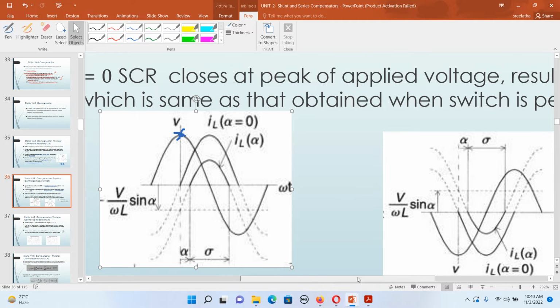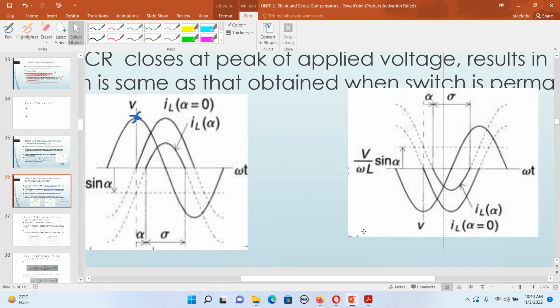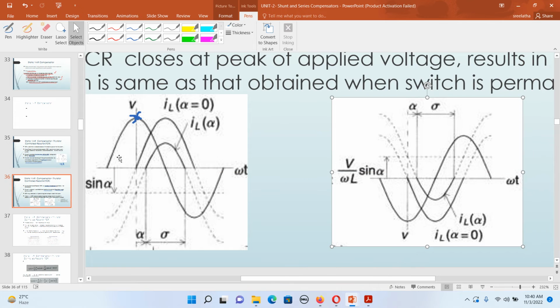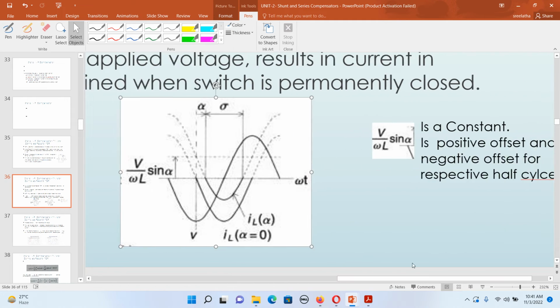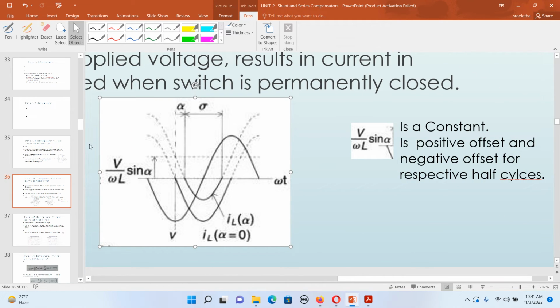Okay, so again, this is one more example, girls. This is the positive half cycle. Here they are showing the negative half cycle. What happens during the negative half cycle? It is the same. This thing is called offset, girls. This much offset you got because of this firing angle. In the positive half cycle it is a negative offset, and in the negative half cycle it is a positive offset.